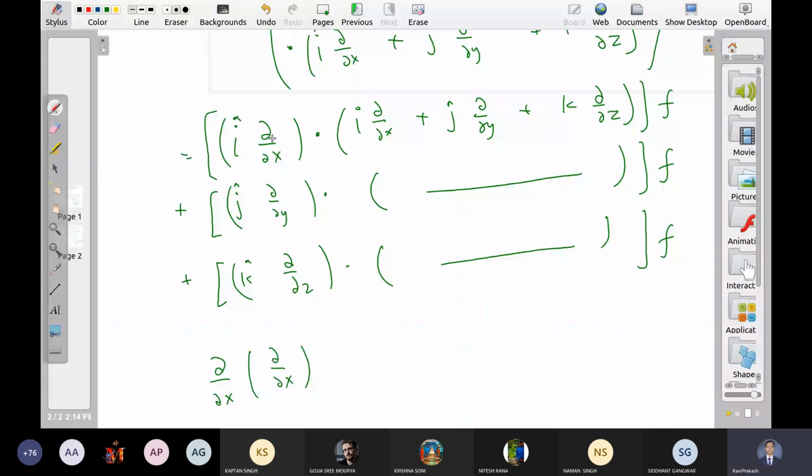Since I cap dot j cap is 0, I am not going to write it. Similarly others. So this is from first term. Similarly from second, j cap dot I cap is 0, j cap dot j cap is 1, and this whole thing is applied on f. Similarly from third, what I'm going to get? This.